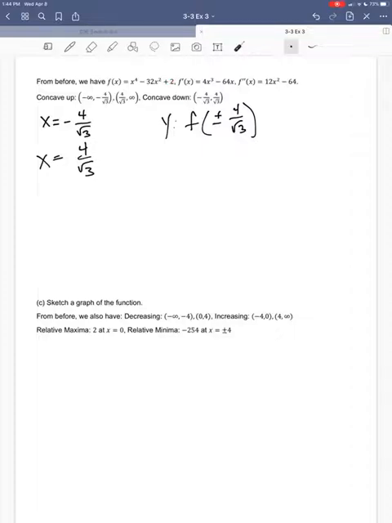That would be different if I was plugging it into the derivative, which I wouldn't do, but those have odd powers, so then the plus or minus would give me something different. But since I'm plugging into the original function, I really don't have to worry about plus or minus here. What I'm going to get when I plug it in is plus or minus 4 over the square root of 3 to the 4th power minus 32 times plus or minus 4 over the square root of 3 to the 2nd power plus 2.